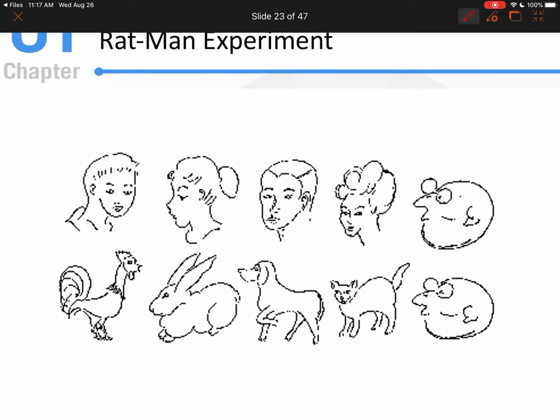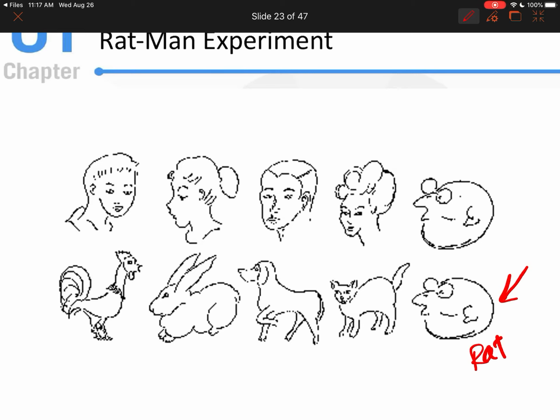So here, for example, is an experiment that was done back in the 60s, okay? There was a control group that was shown no pictures beforehand, and then there was a group that saw more animal pictures, and then a group that saw more face-like pictures, okay? So the more pictures of animals that the people saw, the more likely they would see a rat, okay, than the man.